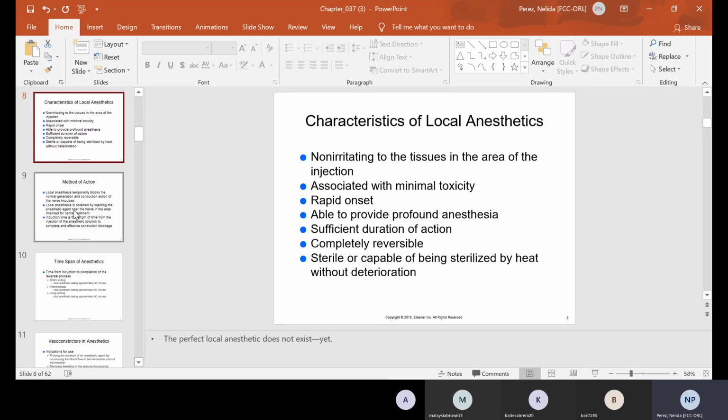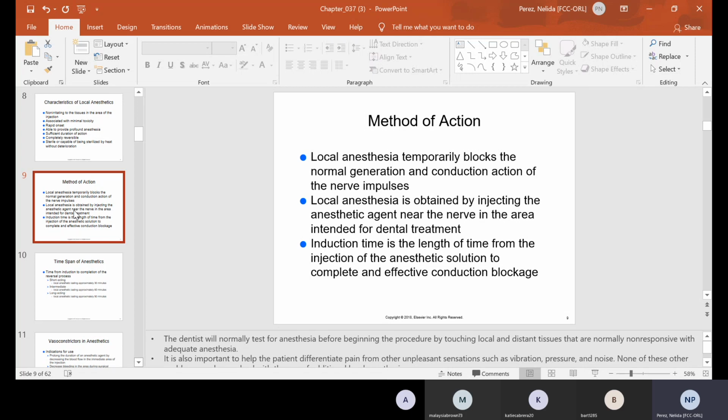Now, the method of action: local anesthesia temporarily blocks the normal generation and conduction action of the nerve impulses. It's obtained by injecting the anesthetic agent near the nerve in the area intended for dental treatment. The induction time is the length of time from the injection of the anesthetic solution to complete and effective conduction blockage.